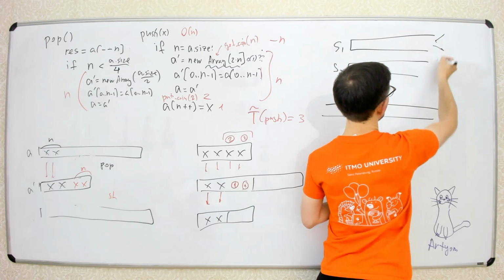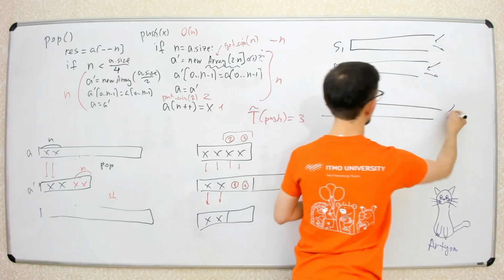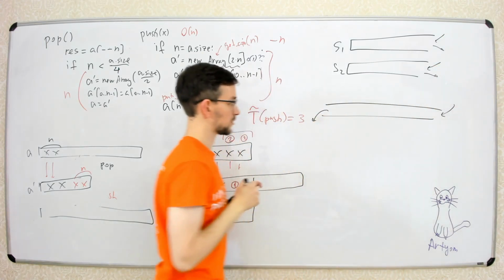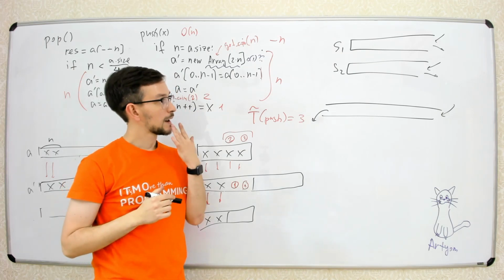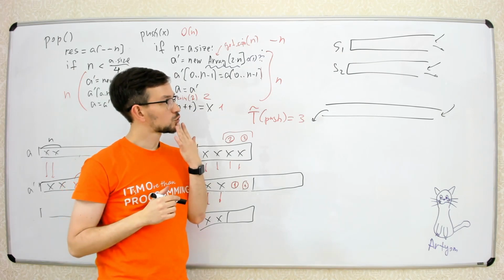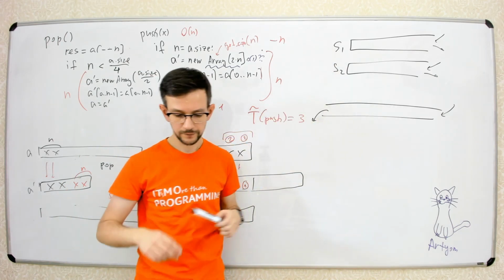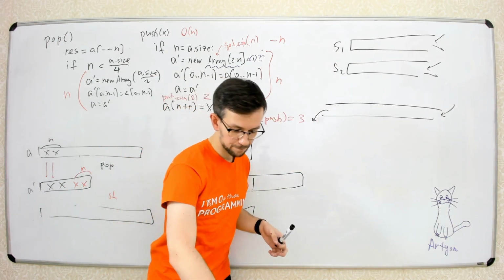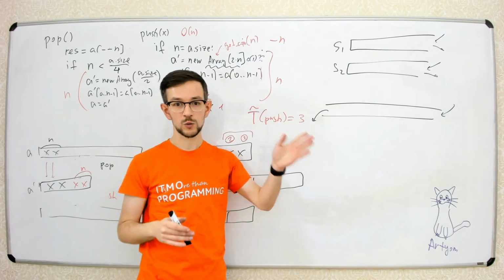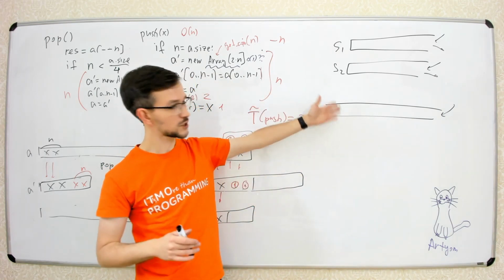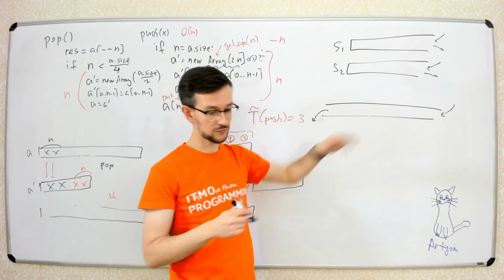You can put elements here, and you want to be able to put elements here and remove from here. You want to do something to make a queue from these 2 stacks. And very practical engineering, how to make this from this: you just split it in half.